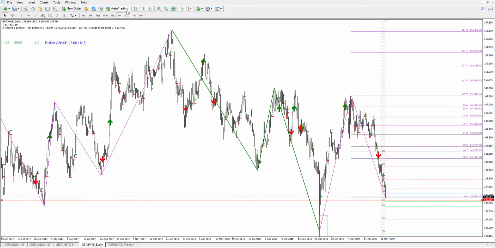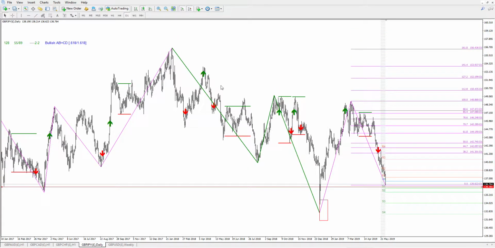Daily, change the inside bar to monthly. See, there's lots of resistance. We've got a daily moving average cross over there. We see support on the daily there at 131.51.